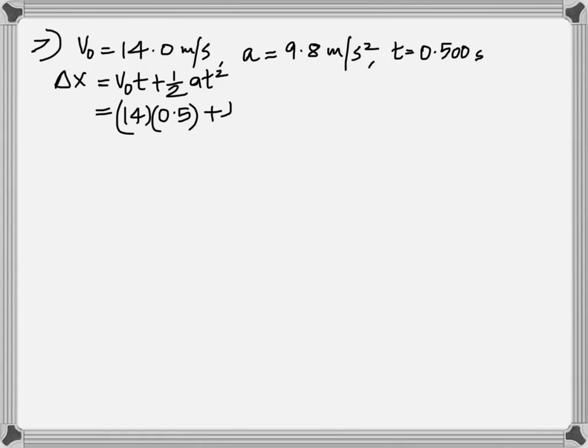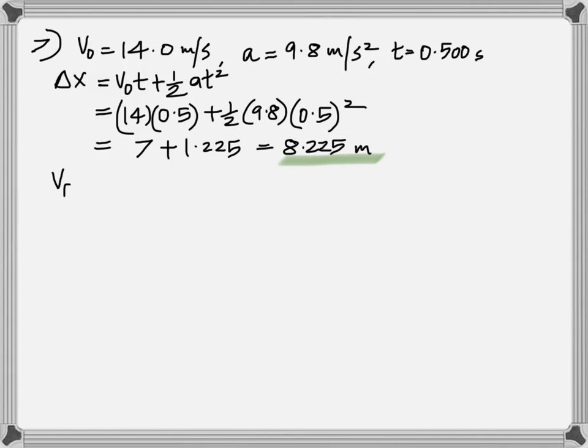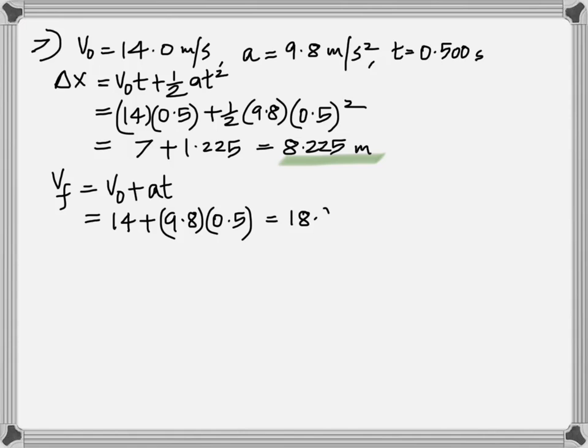So you find the displacement: .225 meter, and then find the final velocity after 0.5 seconds: .9 meter per second.